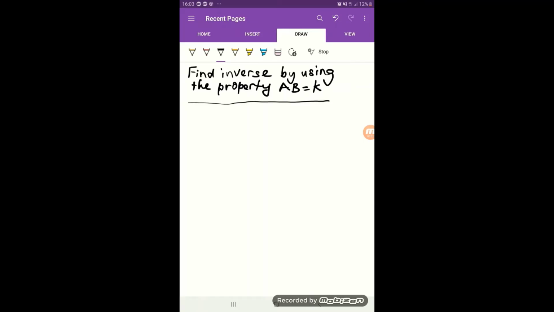To find the inverse is by using the property AB equal K, where A and B are the square matrix and K is constant.